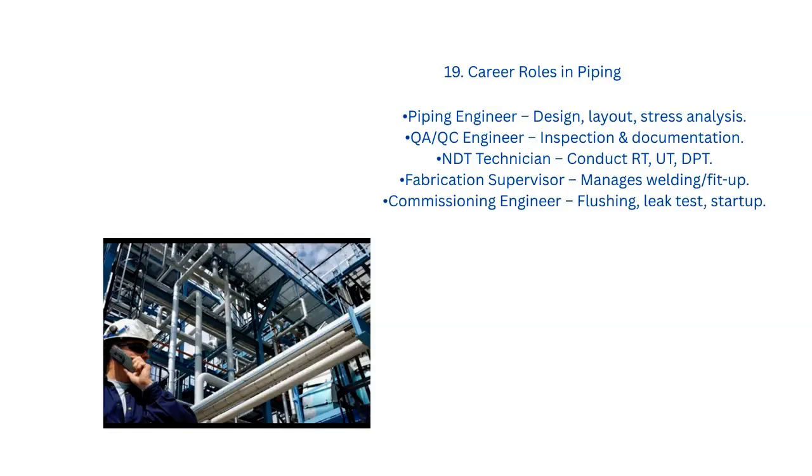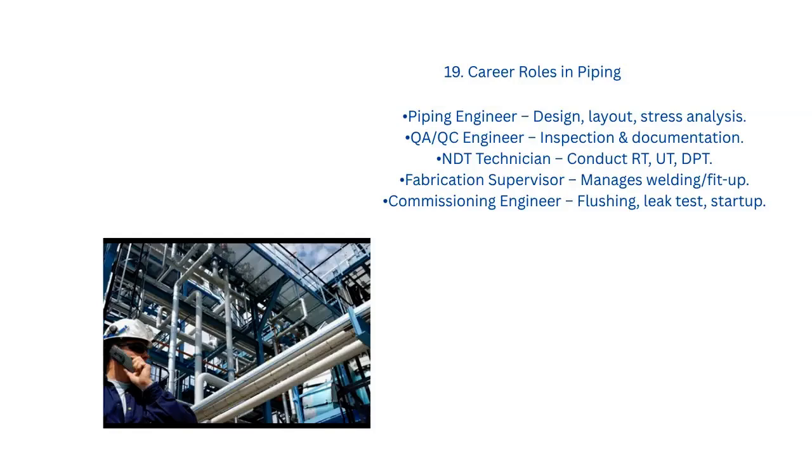19. Career roles in piping engineering. Let's look at some of the key roles in a piping project. Piping engineer, responsible for design, layout, material selection, and stress analysis. QA/QC engineer, ensures inspection, documentation, and code compliance.